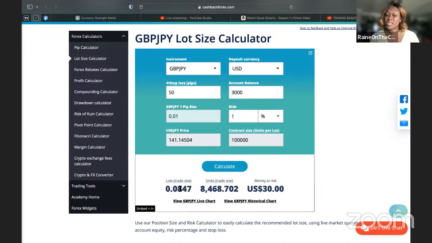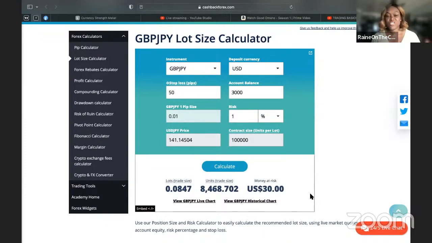And with a 0.08 lot size, if the trade doesn't go in your favor, and we know that when trading, it does not have to go the way you want it. So that's why you have risk management. If it doesn't go in your favor, the most you could lose if it hits your stop loss is that 1% that you are willing to risk. So money at risk, 30 US dollars. A $3,000 account, 1% is $30.